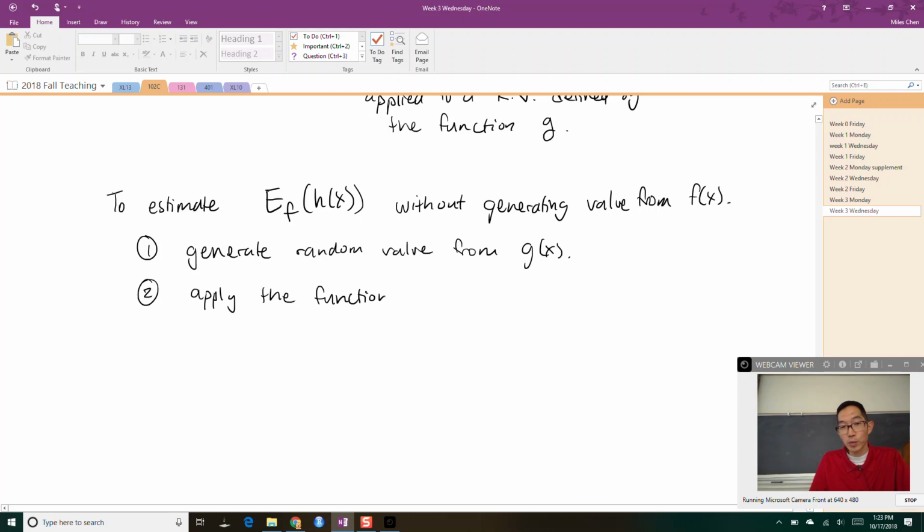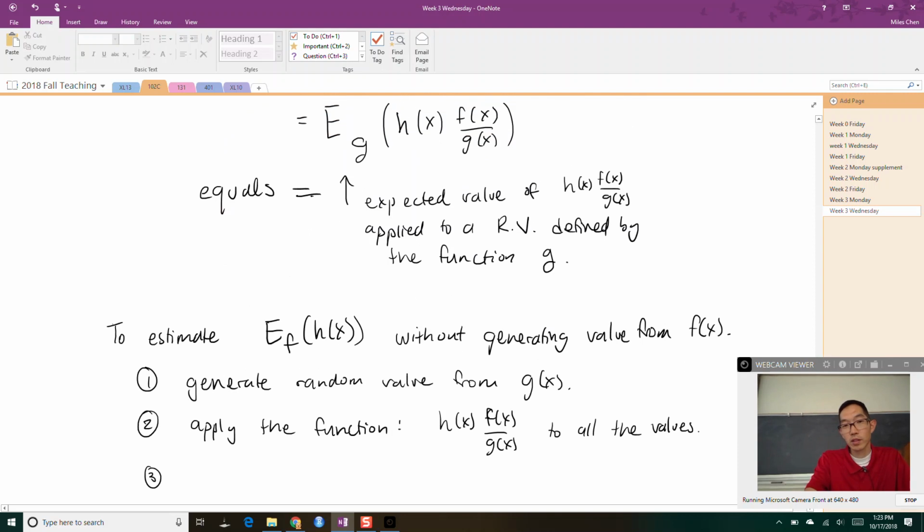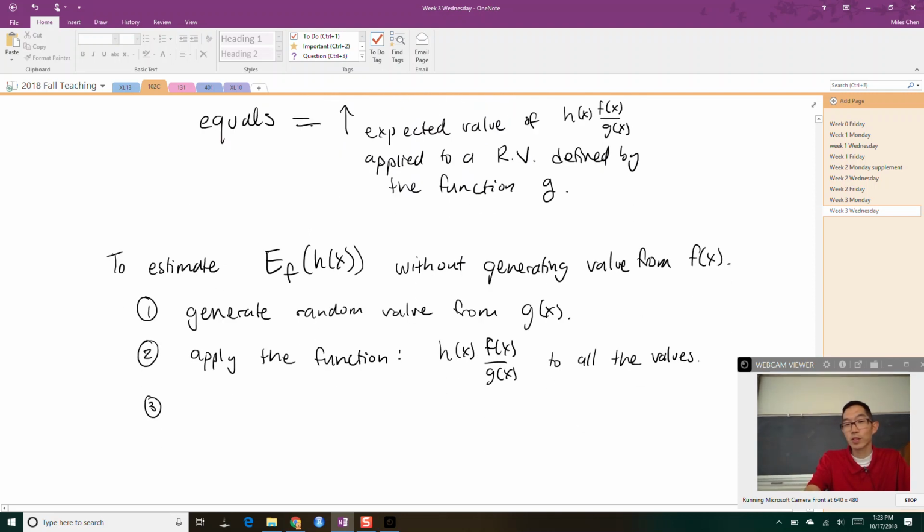What's the function that we're going to apply? H of x times f of x divided by g of x to all the values. Okay, and then what do I do?